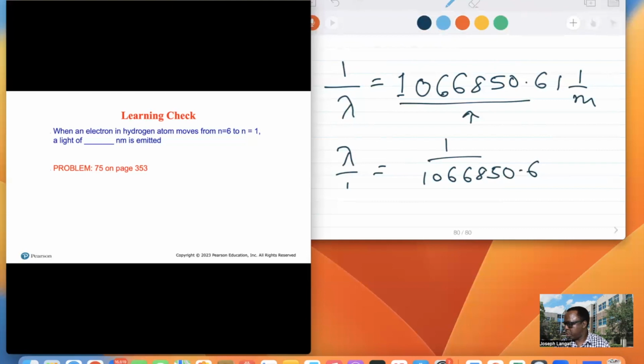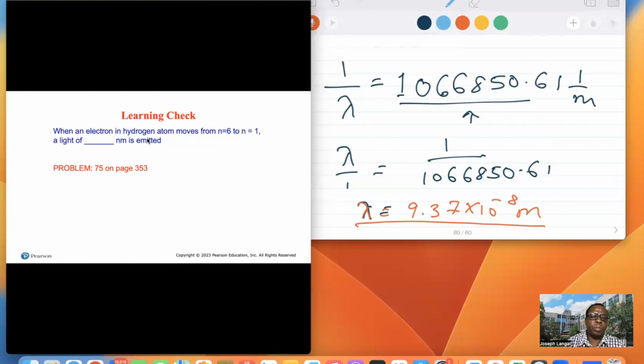If you flip it, taking the reciprocal, lambda equals, this is the wavelength, 9.37 times 10 raised to negative 8 meters. But this is not what we are looking for. Look at the question. You want to find the answer in nanometers.